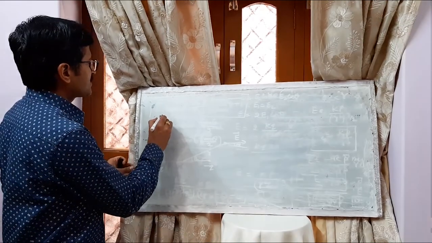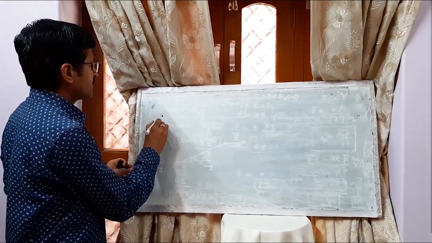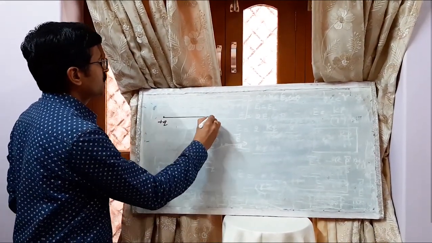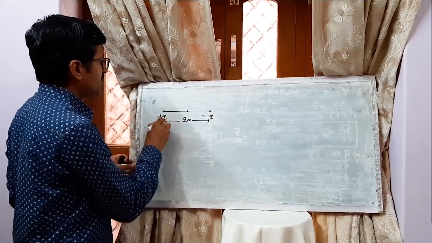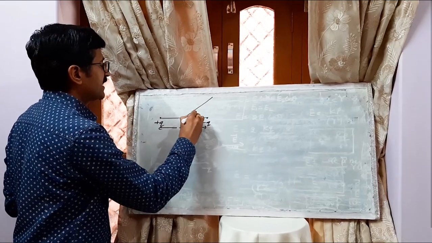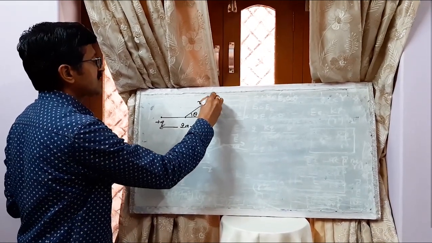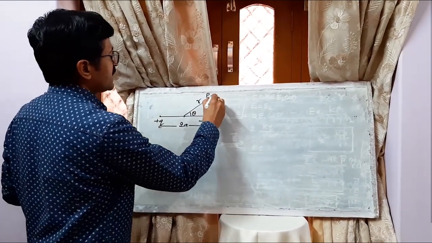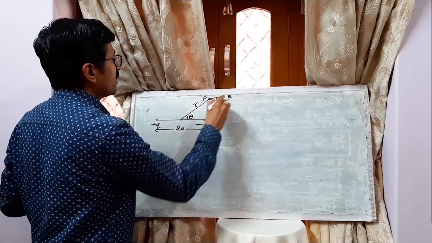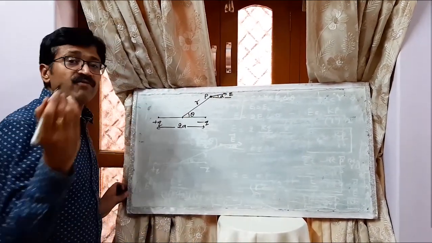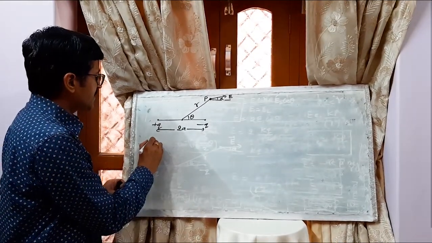Now we have to find electric field intensity at any point r comma theta. Suppose this is an electric dipole, this charge is plus q and this charge is minus q. Separation is 2a between them. You have to find at angle theta and at distance r there is an observation point. Then resultant electric field will be E, making angle alpha with the horizontal.